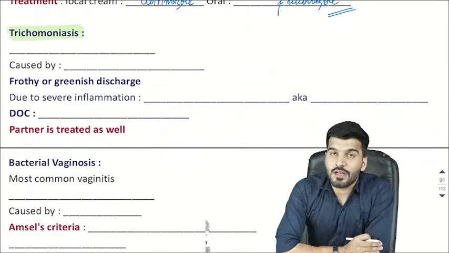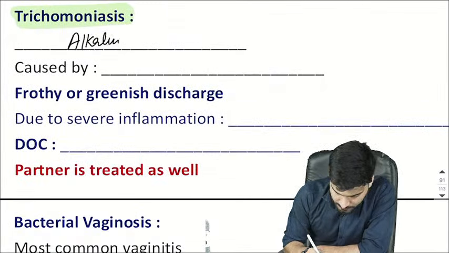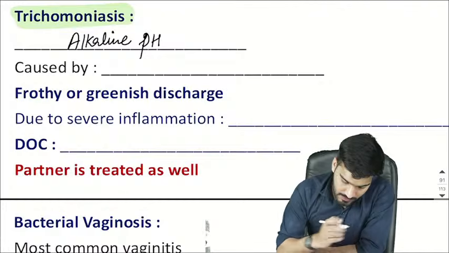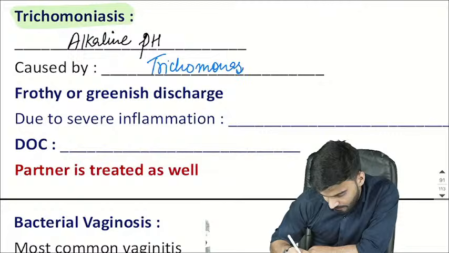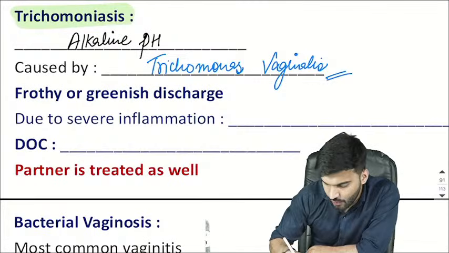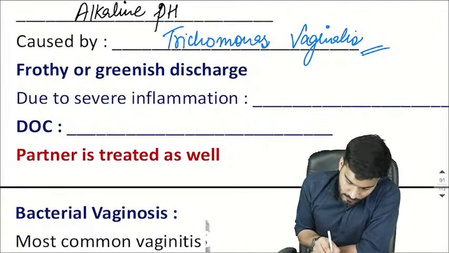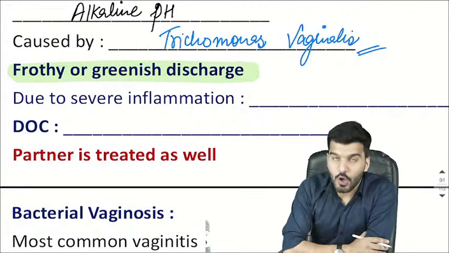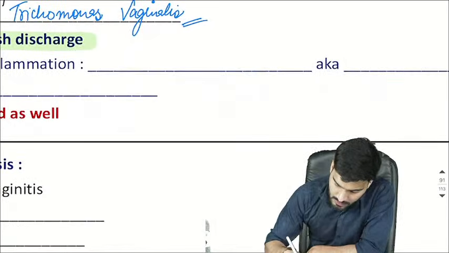Next is trichomoniasis. In trichomoniasis, the pH is alkaline, and it's caused by Trichomonas vaginalis. The type of discharge seen is frothy or greenish discharge.